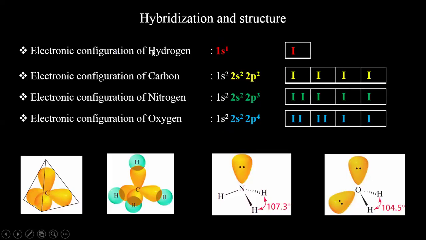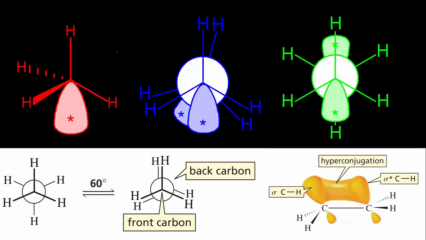Now, let's have a look. Before we go into what is hyperconjugation, we need to understand the theoretical aspects, that bonding molecular orbitals and antibonding molecular orbitals are all real representations in molecules. They are not just for the sake of saying things. Now, this is the structure of your methane.